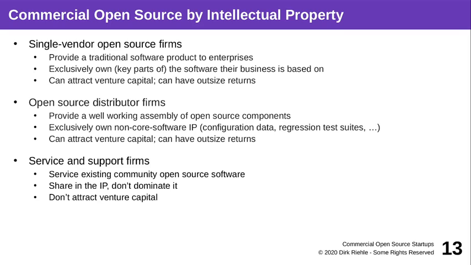Unlike single vendor open source, they don't own the software their business is based on, but they own the intellectual property around those components, most notably knowledge and databases and configuration data that makes a large, otherwise disparate array of open source software components work with each other well.